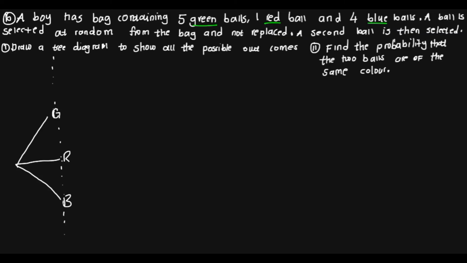first selection. Now each branch will branch into another 3 branches. So here we are going to have 3 branches. So this is our second selection.